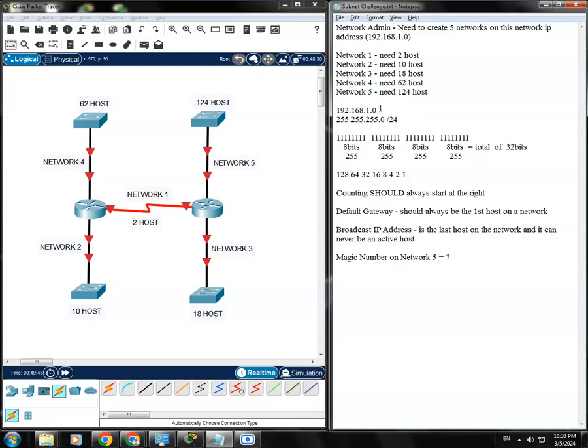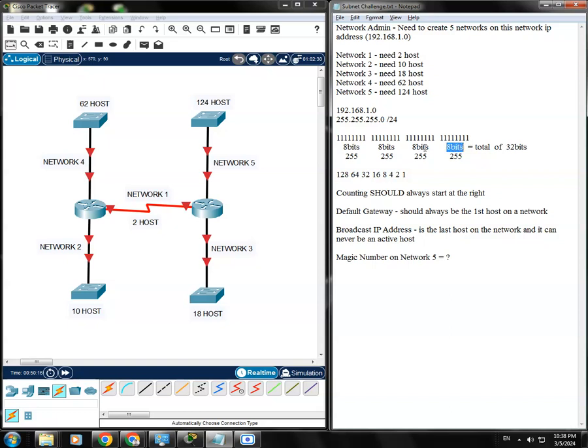For the subnet mask, this 255 has an 8-bit binary, which is this one. It's a total of 8 bits, and this one also has the same 8 bits. This one has 8 bits, and for this 0, it still has 8 bits.